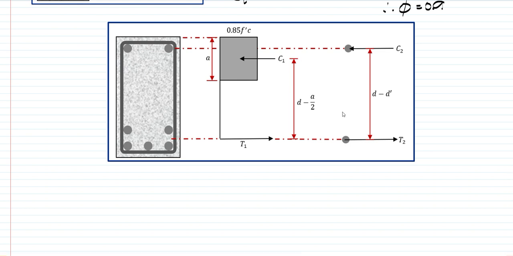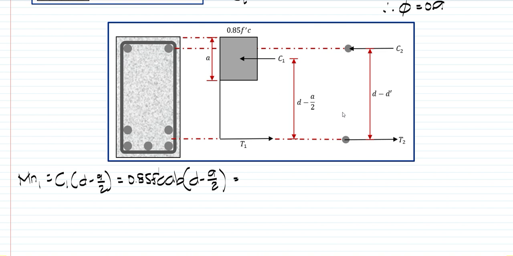So, ibig sabihin, punta muna tayo ng MN1. Sa MN1 kasi, kunin natin siya on the compression side using C1. So, that will be C1 times D minus A over 2, or that is 0.85 F prime C AB times D minus A over 2.